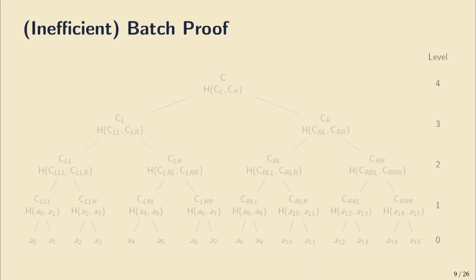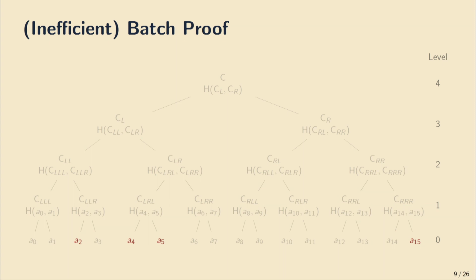To make things easier, I'm going to show you how to come up with an inefficient batch proof, right? A batch proof that is big, okay? So let's see, we want to compute a batch proof on an arbitrary set of elements, namely A2, A4, A5, A15. They're not successive, right? So what I'm going to do is provide the individual Merkle proofs for every one of these elements. Again, this is not what we're going to do.